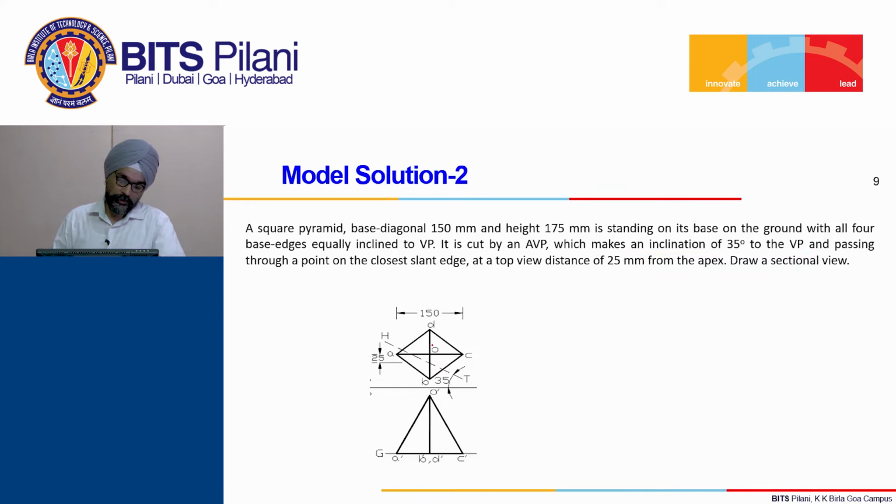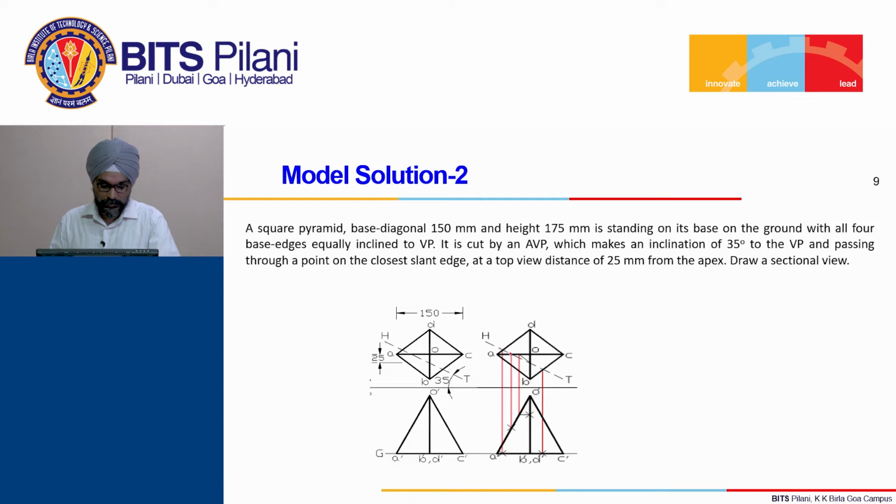So we located the section plane, now we have to transfer the points. How do you transfer the points? You have this point, this point, this point, and this point. So you have 4 points to be transferred.